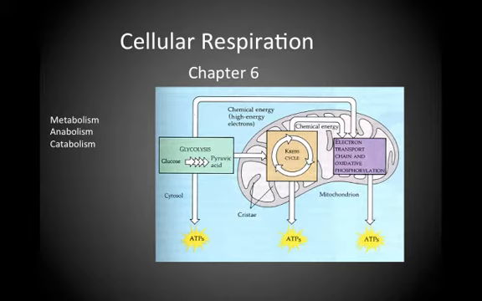So, we have already talked about energy. We talked about reactions that give off energy. We talked about reactions that absorb energy from their surroundings. We've talked a lot about cell membranes and how things can move through cell membranes. We've talked about the movement or diffusion of water across membranes. We've talked about macromolecules and parts of the cell.